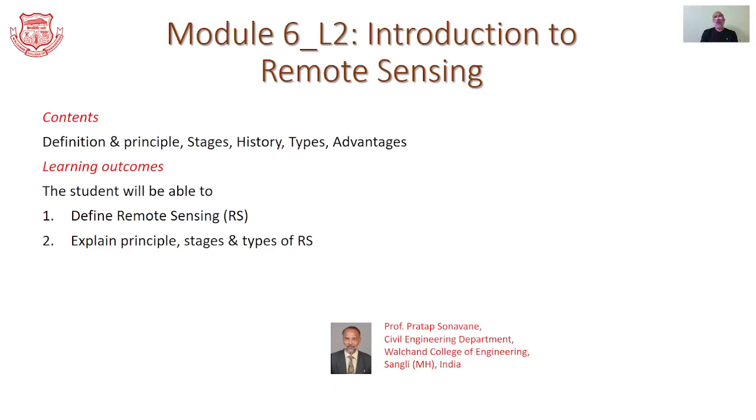In this particular module, we wish to get introduced with some basic concepts of remote sensing. We'll discuss the definition and principle of remote sensing, various stages, history, types and advantages of remote sensing.